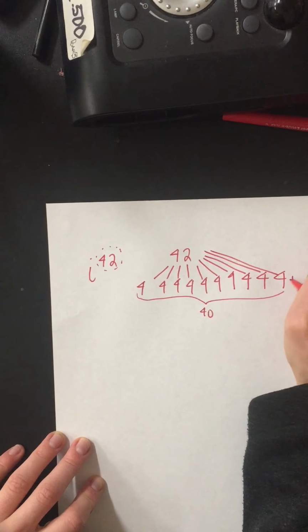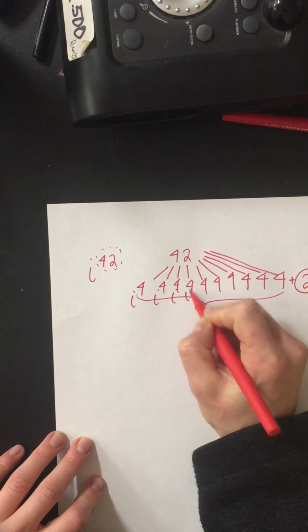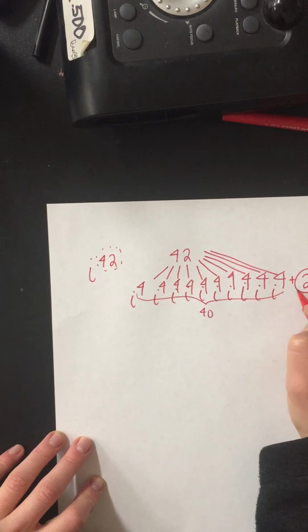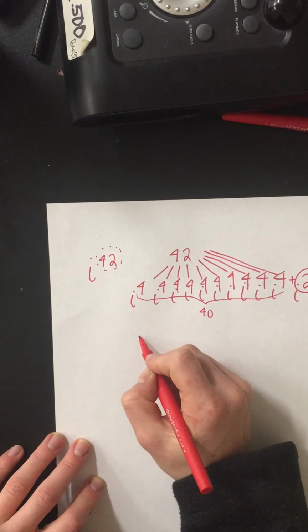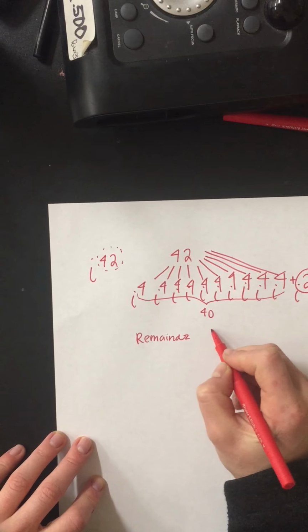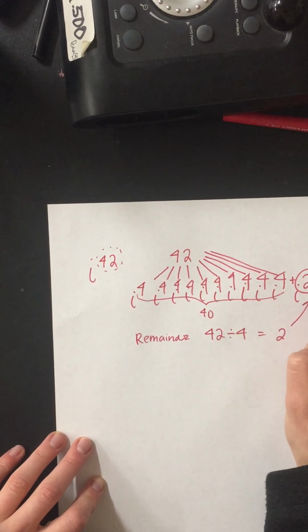And what I'm left over with is 2. Well, each one of these is an i to the fourth, plus i squared left over. The remainder, when you have 42 divided by 4, is equal to 2.